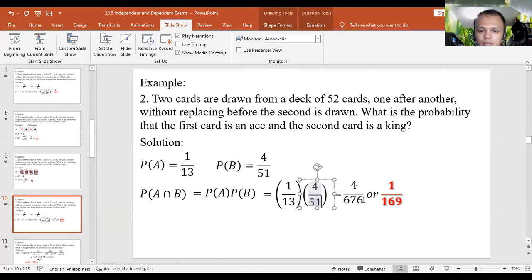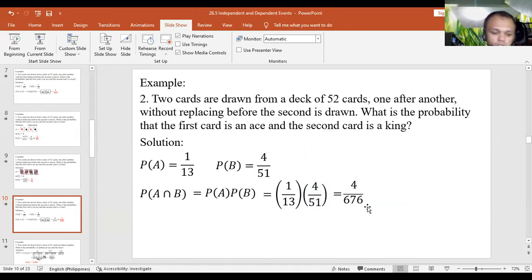This is 51. So we have 4, and then 13 times 51. We are in dependent probability. 13 times 51, that would be equal to 600... Let me compute this. 663.